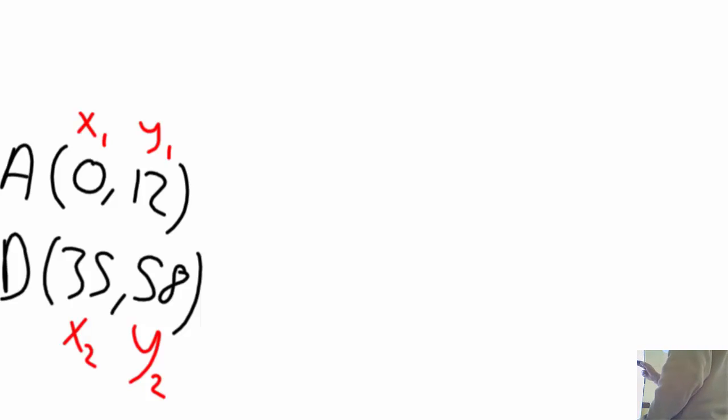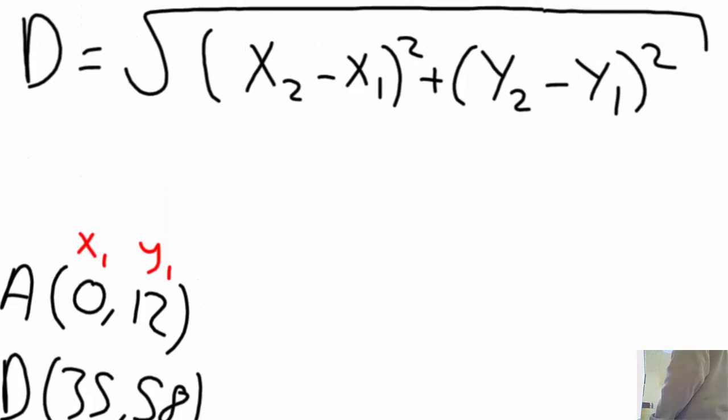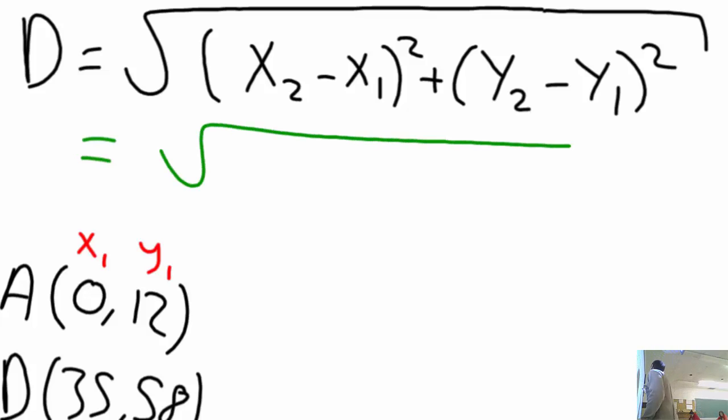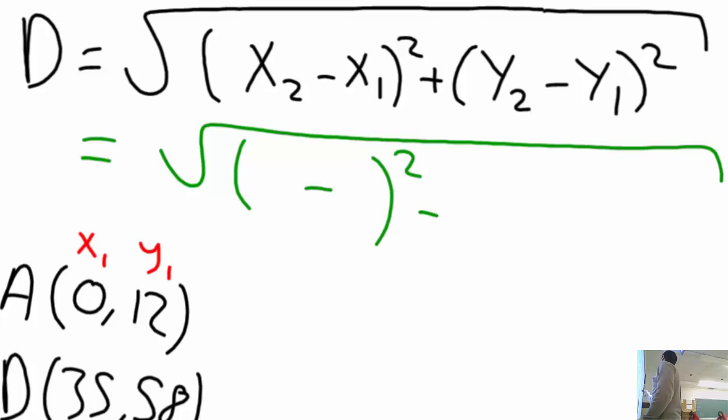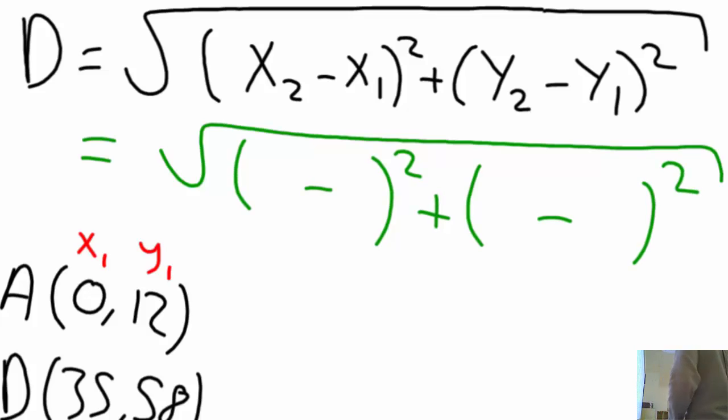Now let's go ahead and replace those numbers. Square root. Remember how we do this. You only write down the formula: x2 minus x1, square, plus open brackets y2 minus y1, close square. Now let's replace the numbers.